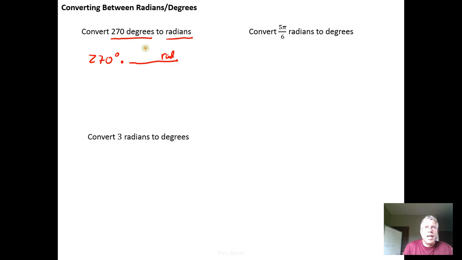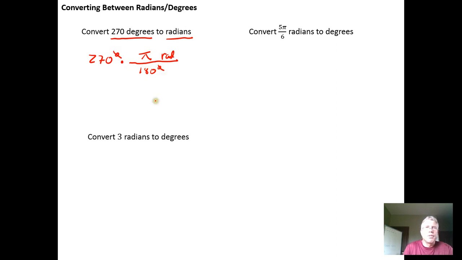So we're going to say, hey, either 2 pi radians, which is once around a circle, or pi radians, which is halfway around a circle, divided by 180 degrees, which is halfway around a circle. So pi is equivalent to 180. So there's a sense in which this ratio is 1.